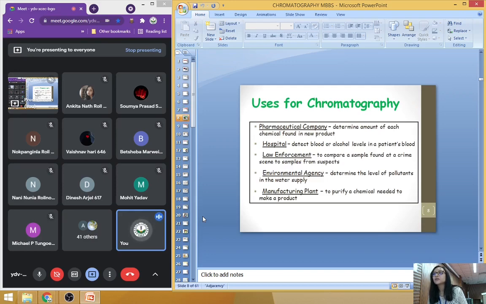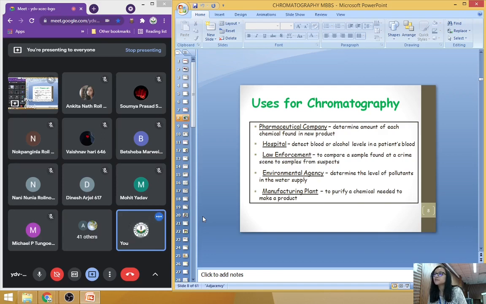Now, what are the various uses of chromatography? Some uses are in pharmaceutical companies to determine the amount of each chemical found in a new product. In hospitals, to detect blood alcohol levels in the patient's blood and various other analytes.